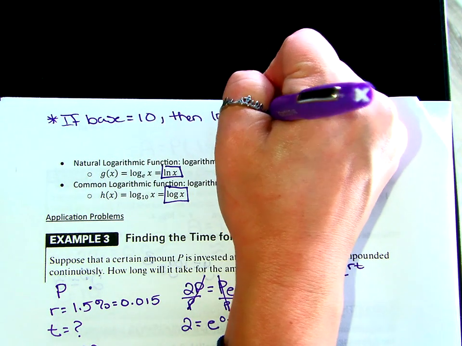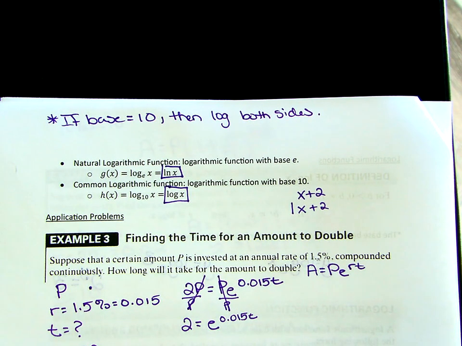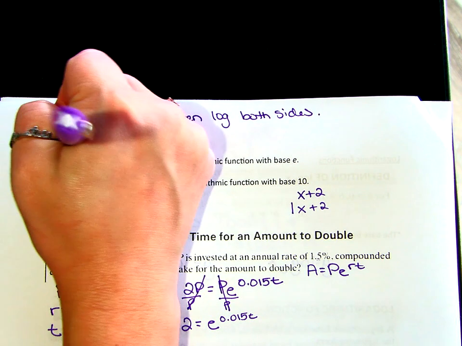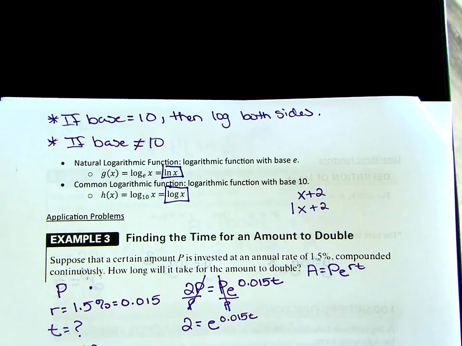If the base is 10, log both sides. If your base does not equal 10, so if it's any other number, including e, then you're going to ln both sides.